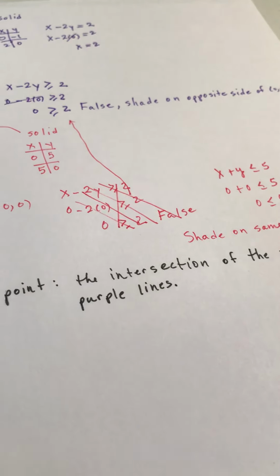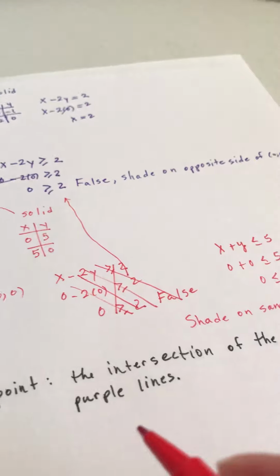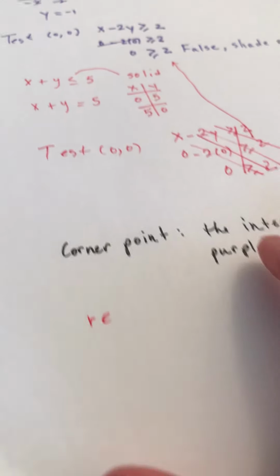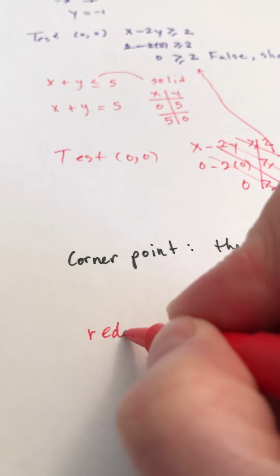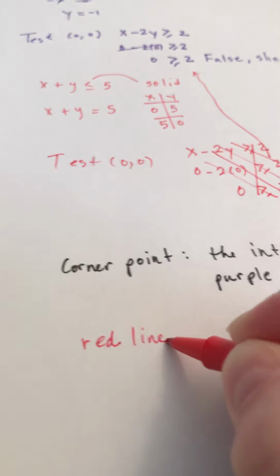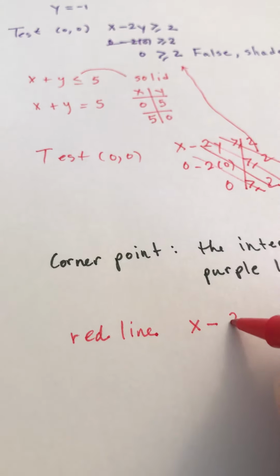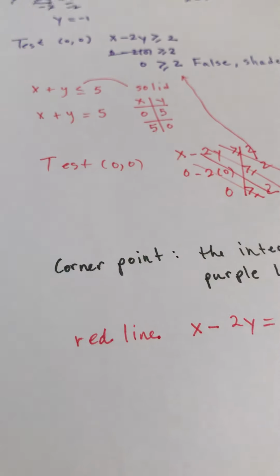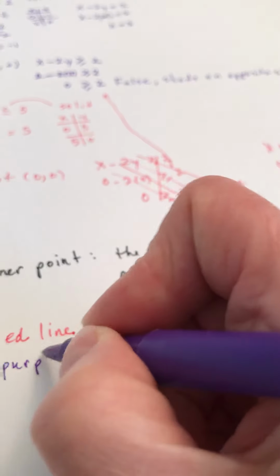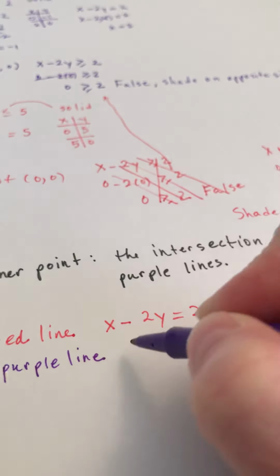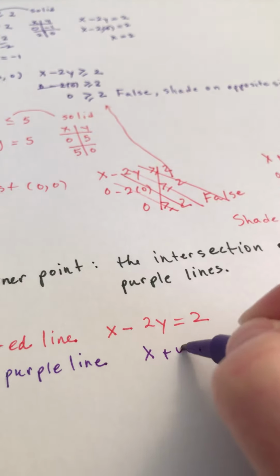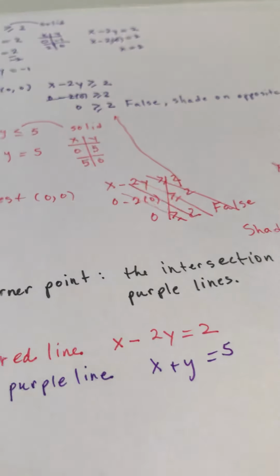Now, looking at the red line, it is the line x minus 2y equals 2, and the purple line is the line x plus y equals 5, right?